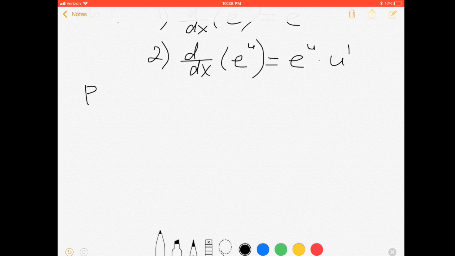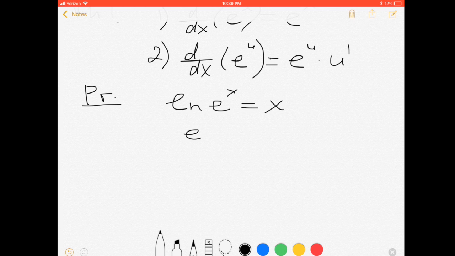Proof. Compose the two inverse functions. We have natural log of e to the x will be exactly x. Take the derivative of both sides of our equation.